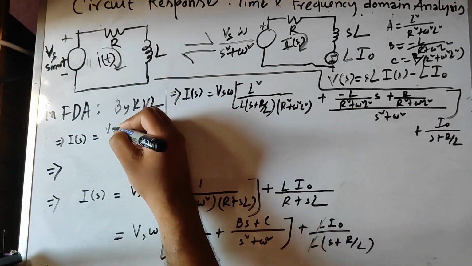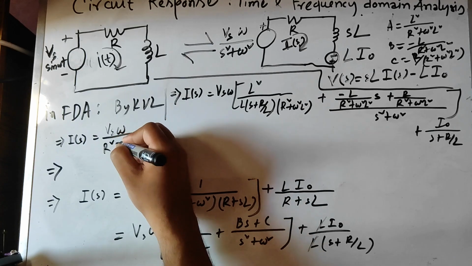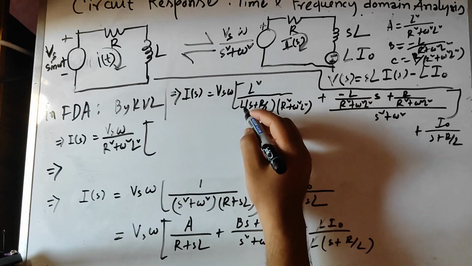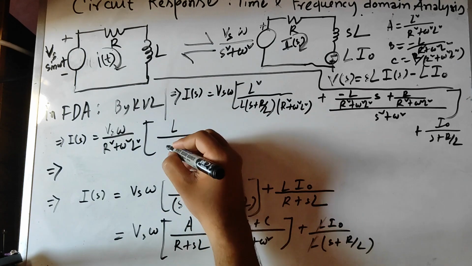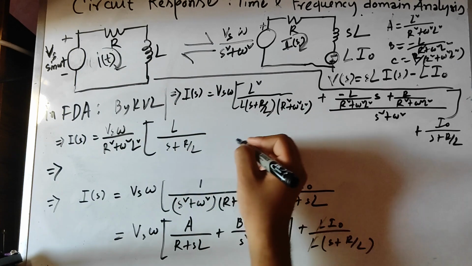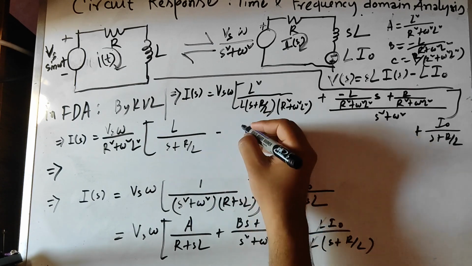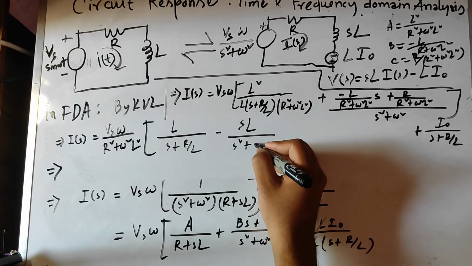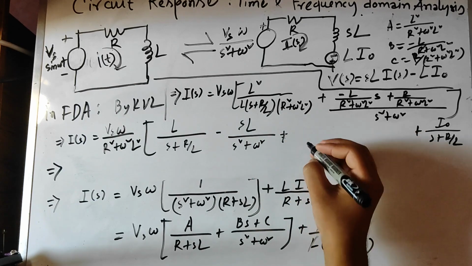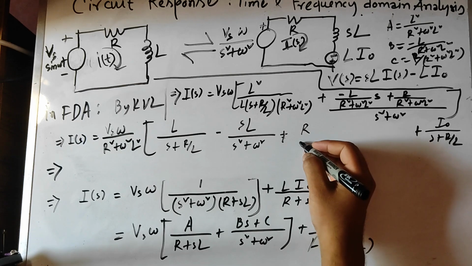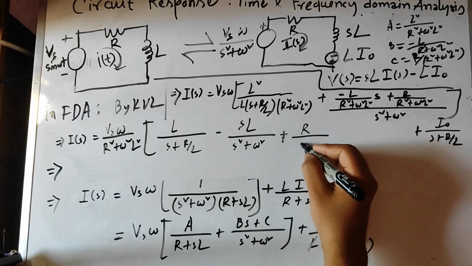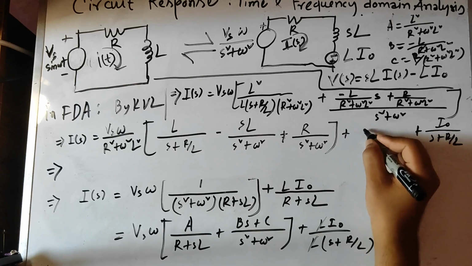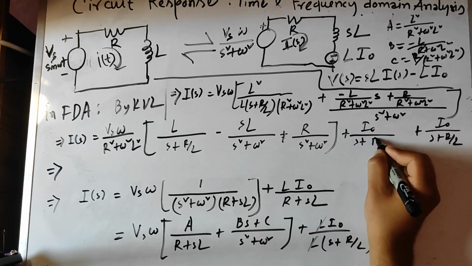So here Vs omega by (R square plus omega square L square), where this L will cut out, times L by (S plus R by L) minus SL by (S square plus omega square) plus R by (S square plus omega square), plus I0 by (S plus R by L).